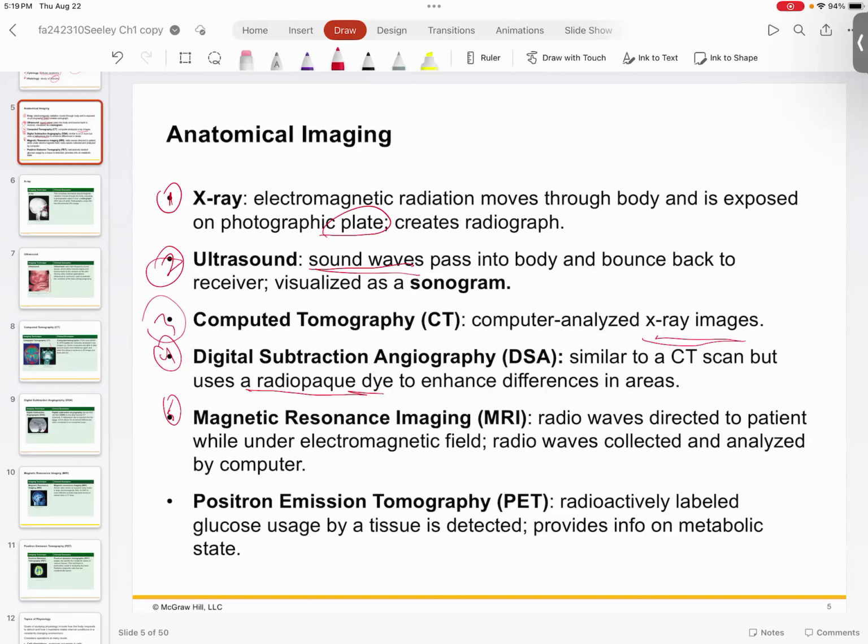But anyway, MRI is a little bit different because in this case, instead of using radiation, you're using a magnetic field, and the magnetic field will have a similar sort of effect in the sense that you'll start to get these radio waves, which is, by the way, another type of electromagnetic energy.